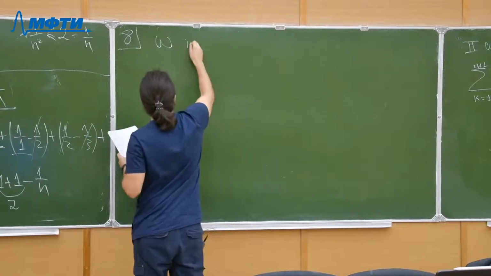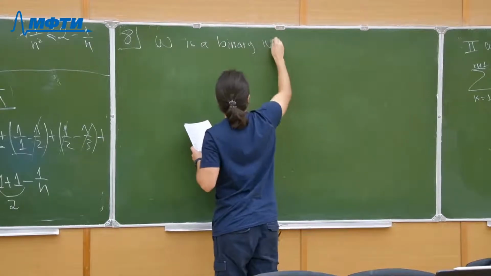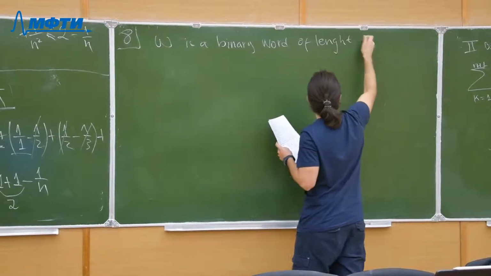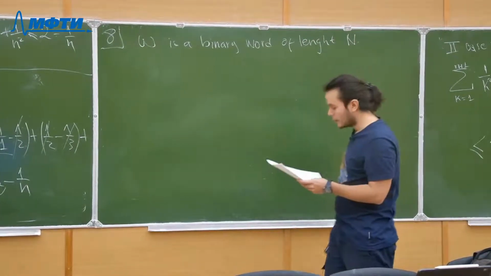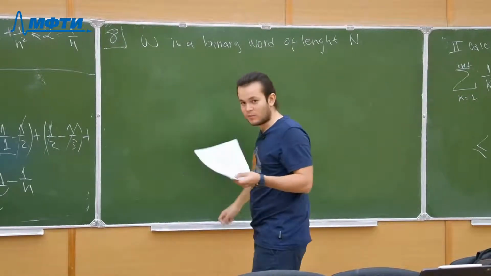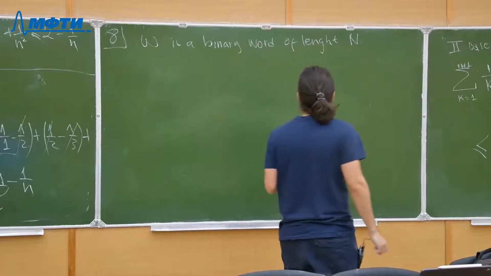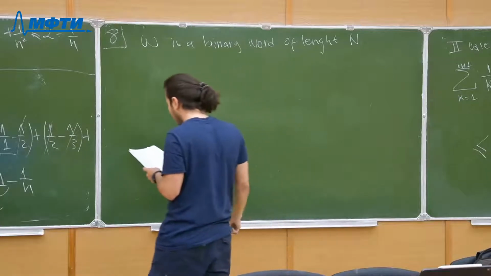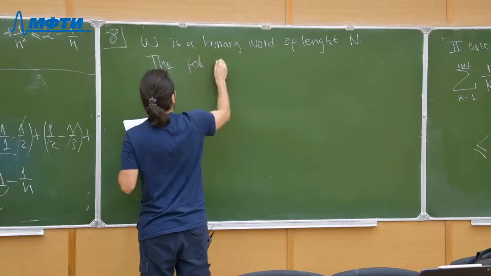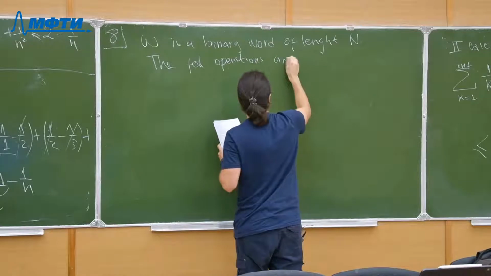Omega is a binary word of length n. Okay, so we have a word. I'll send the picture in Telegram. Yes, please. So omega is a binary word of length n, right? And the following operations are allowed.